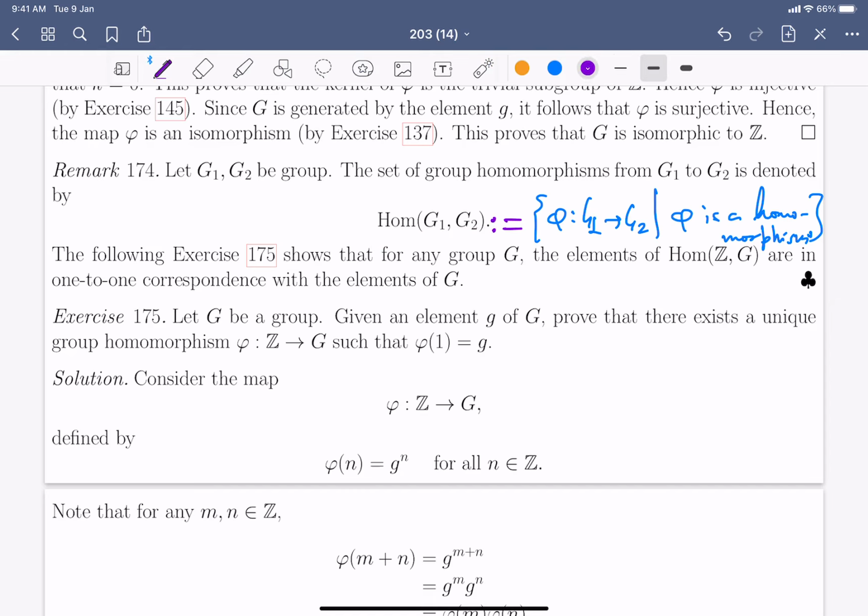This Hom stands for homomorphism. So the set of all group homomorphisms from G1 to G2 is denoted by Hom(G1, G2). This is just this set.